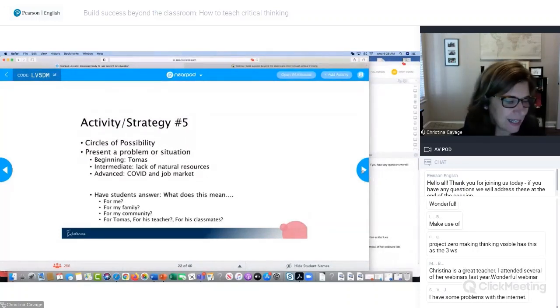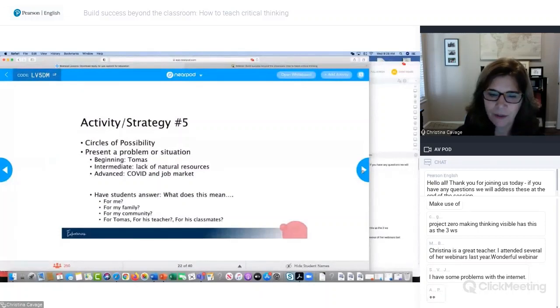So again, taking a simple problem and getting students into groups and thinking about how the problem differs for the individual in that problem, for maybe family, community, school, environment, and even world. And you're going to see students have a really good time with these kinds of things where they have to get together and exchange their ideas.